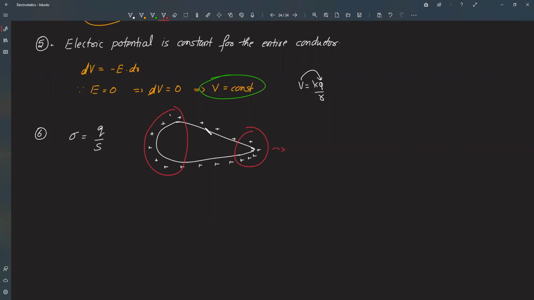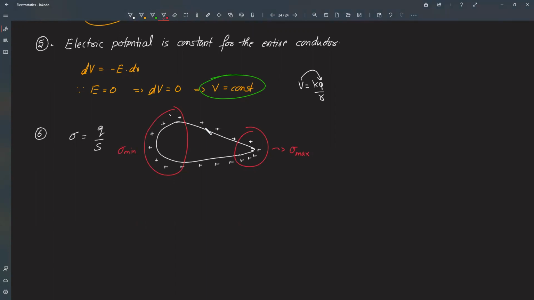So that's why in this region you will have sigma max, that is maximum charge density, and here sigma will be minimum, that is minimum charge density. So pointed surfaces, or the conductors in which there are pointed portions, those pointed portions will have maximum charge, or will have maximum sigma, you can say.